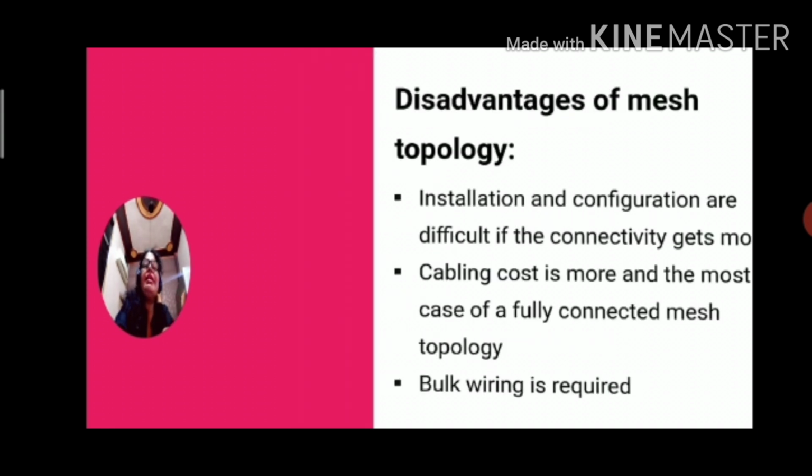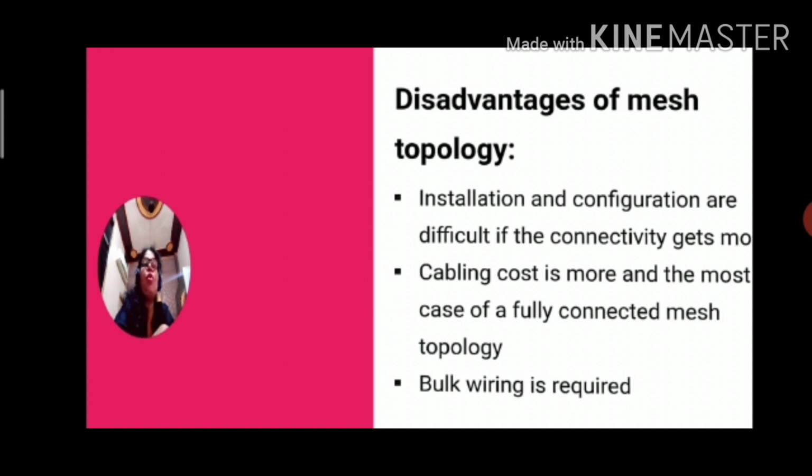Now we will see the disadvantages of mesh topology. In this topology, installation and configuration are difficult. If the connectivity gets weak, it is very difficult to maintain the connectivity.